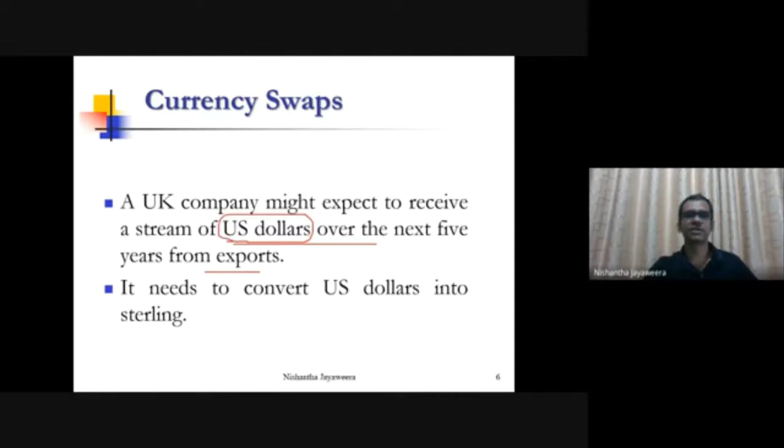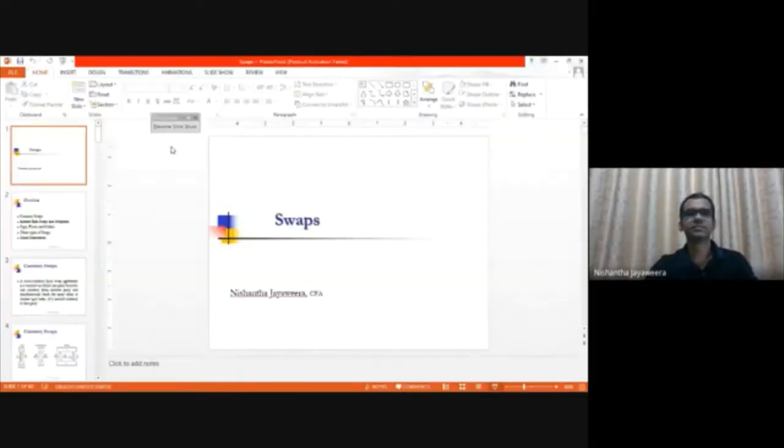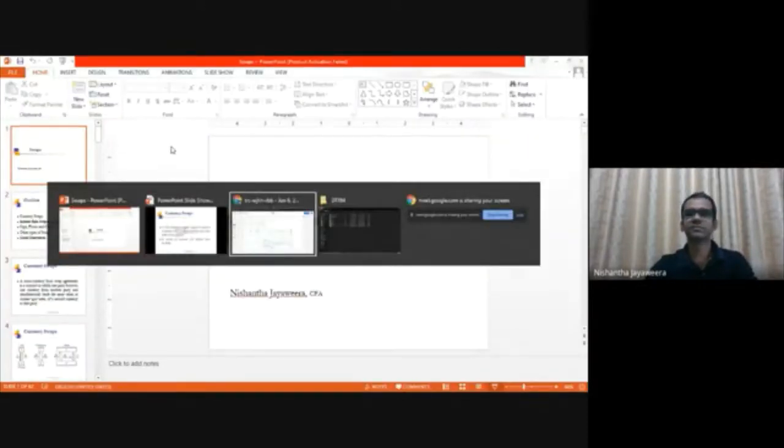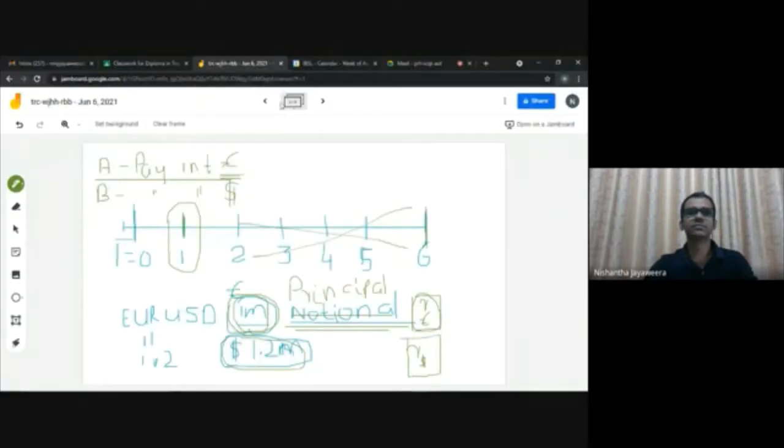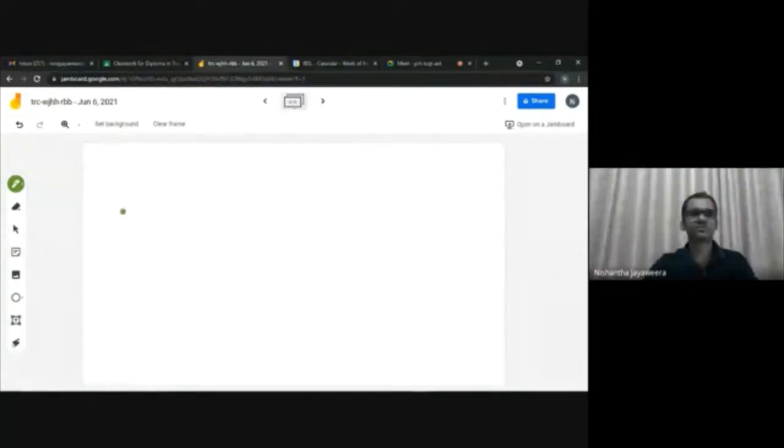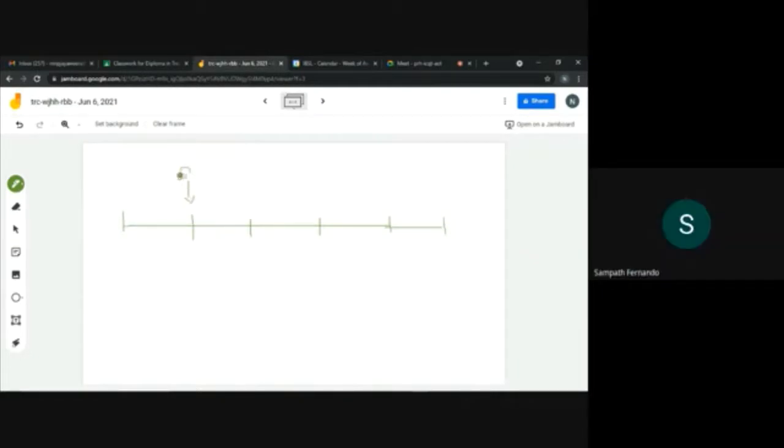So when a UK company receives US dollars, what do they do? There's a dollar inflow.